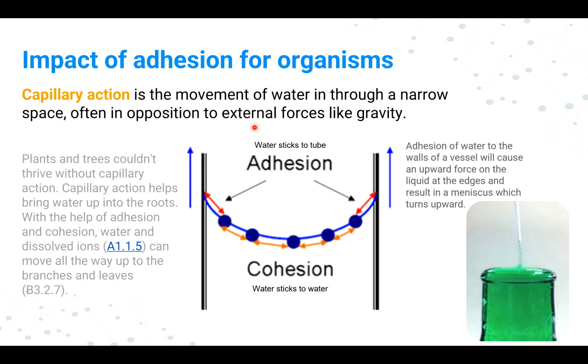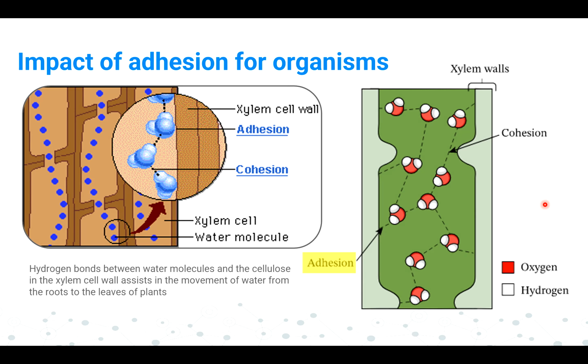If you see on the extreme right side of the screen, this thin capillary tube is put in the water, and the tube has taken the water up. So adhesion of water to the walls of the vessel will cause an upward force on the liquid at the edge, and the result is a meniscus which turns upward and keeps on going like this.